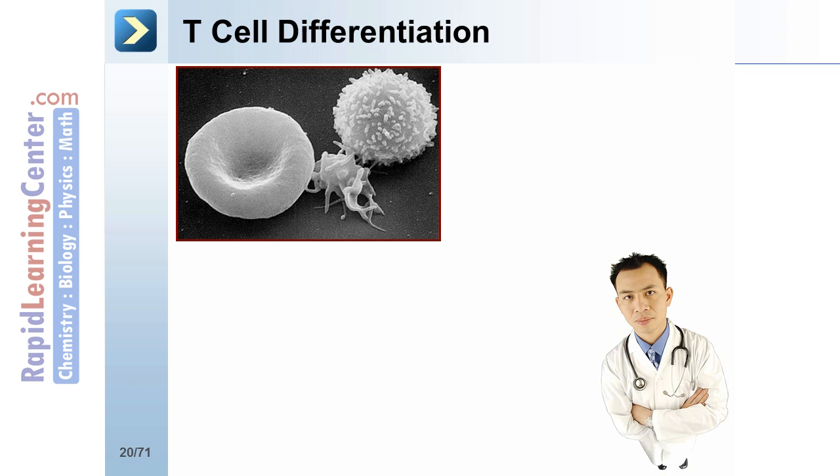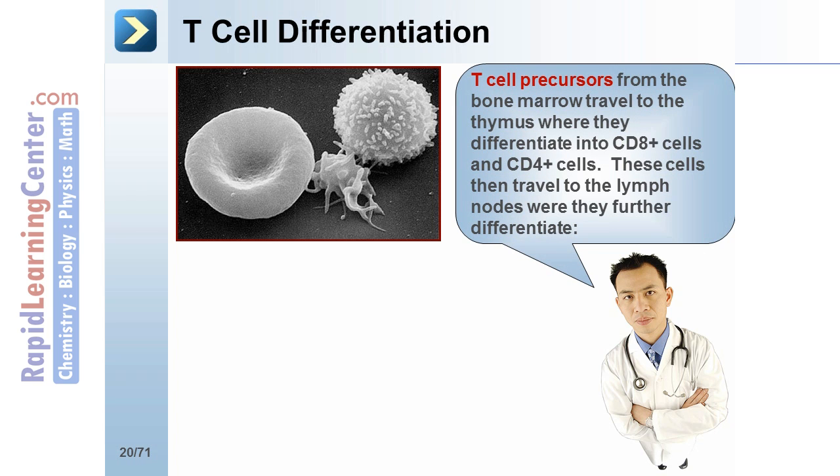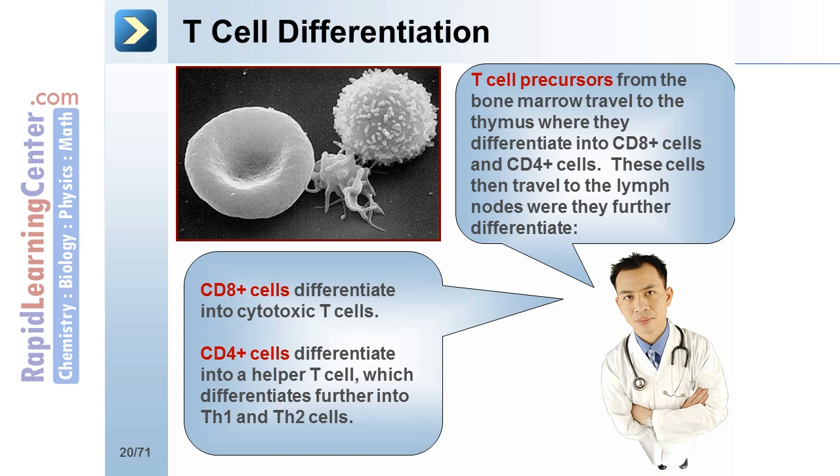T cells play an important role in cell-mediated acquired immunity. T cell precursors from the bone marrow travel to the thymus, where they differentiate into CD8 plus cells and CD4 plus cells. These cells then travel to the lymph nodes, where they further differentiate.